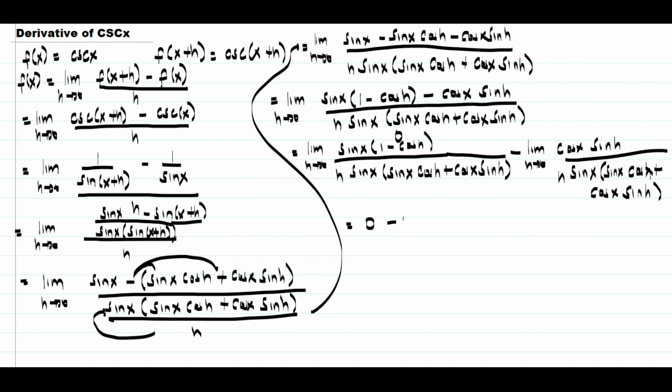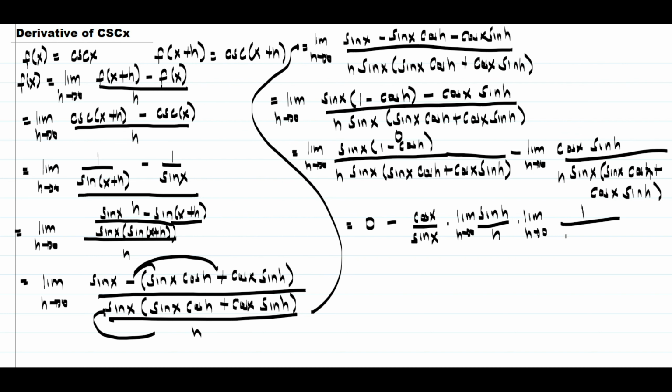And then, on the other side, we have here cosine x over sine x times the limit of sine h over h as h approaches 0, that is 1.